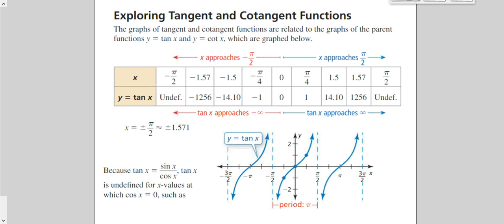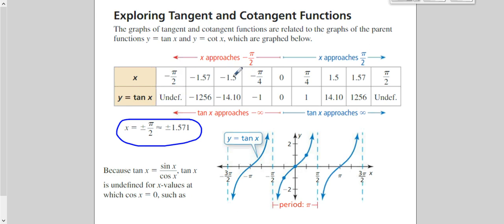Exploring tangent and cotangent functions. The graphs of tangent and cotangent functions are related to the graphs of the parent functions, which are graphed below. Pi over 2 is about 1.571. So when we get to negative pi over 2, tangent is undefined.